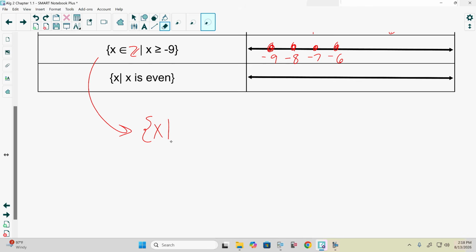We can go brace x bar. We can say the set of all real numbers x such that we want x to be what? X is an integer and x is greater than or equal to that says the exact same thing.